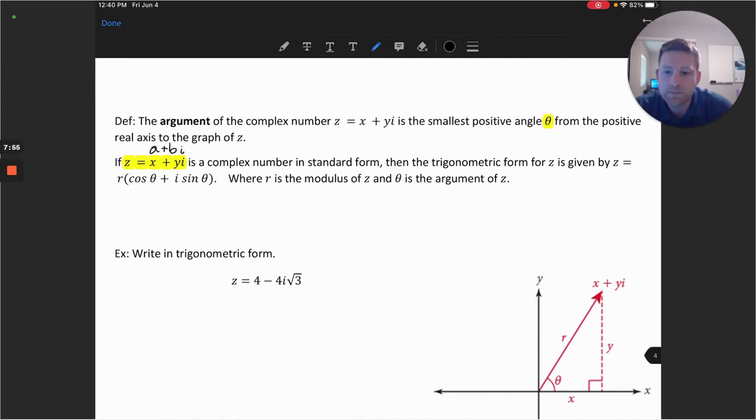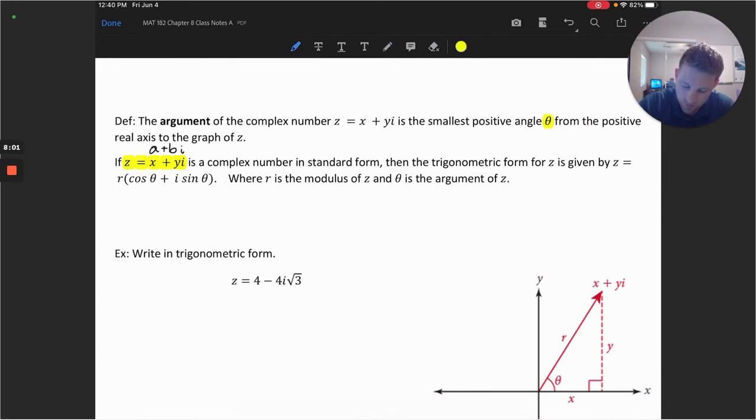Same idea there. And the trigonometric form is z is equal to r, that's our modulus, times cosine of theta plus i sine of theta, where r is the modulus and theta is the argument. Again, that's the angle formed by my vector.